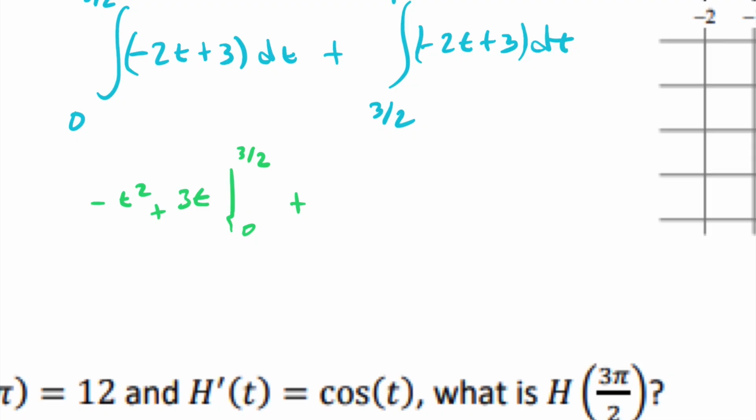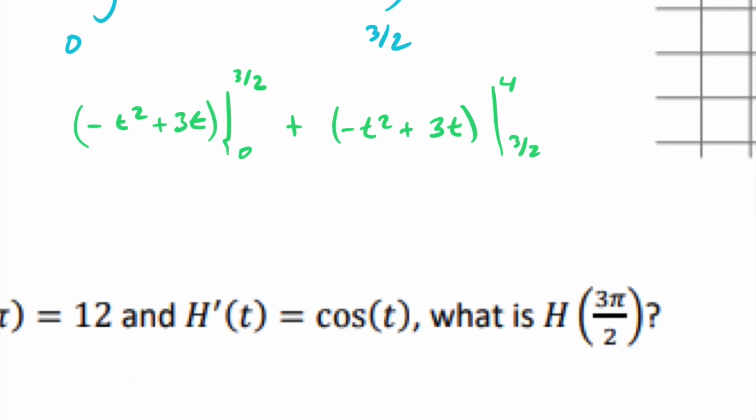We'll call it negative t squared after we simplify it. So we have negative t squared plus 3t from 3 halves to 4. All right, 3 halves squared, negative version.